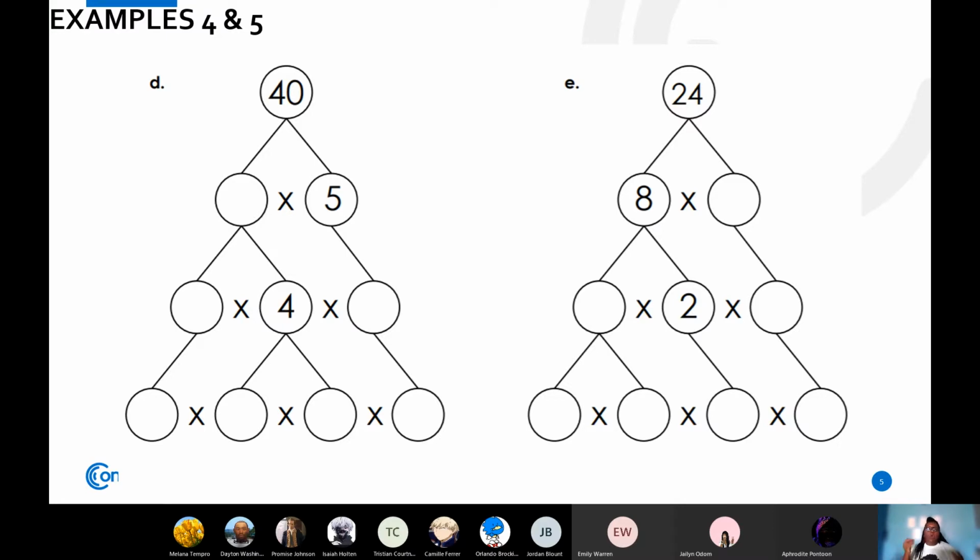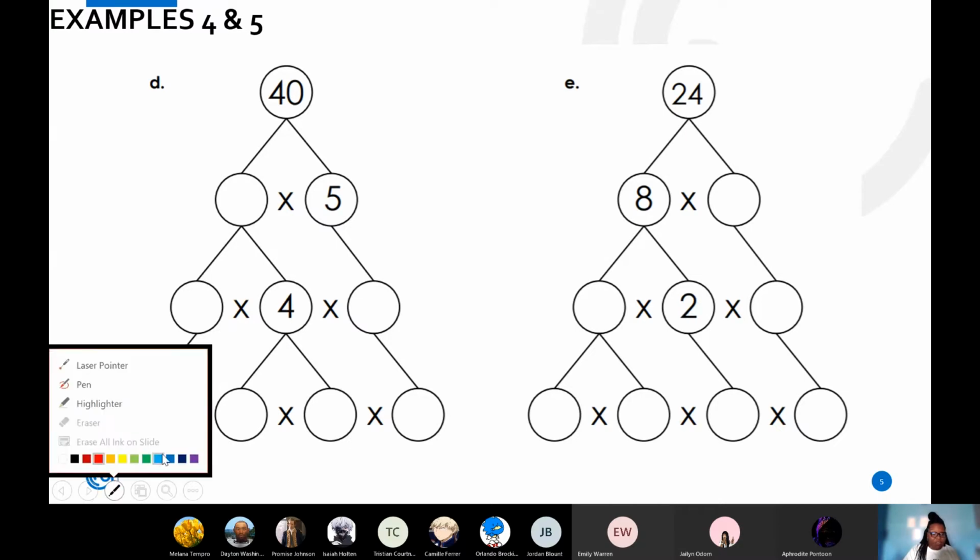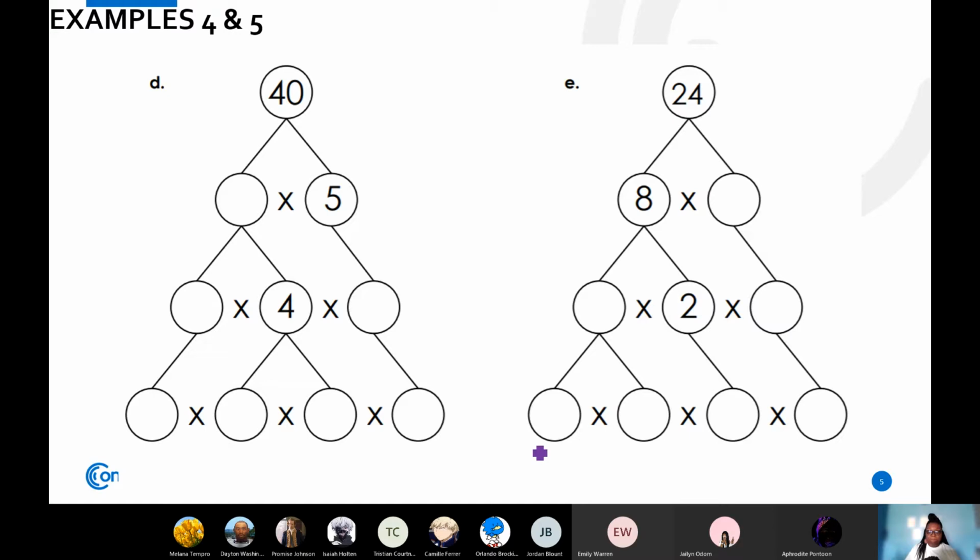We want to remember when we're talking about factoring, a factor is a number that we multiply by another number or numbers to find a product or answer. Just as an example here, because we've got some kids in here who weren't in here yesterday, which is fabulous. We want to remember that with a multiplication problem, we're going to see factors and multiples, okay?